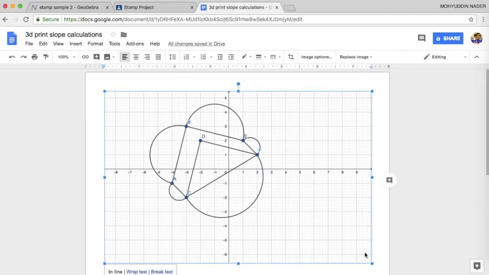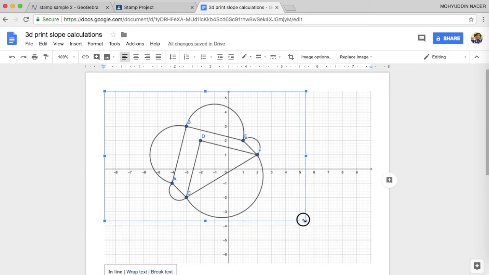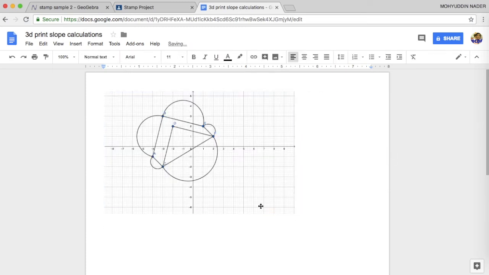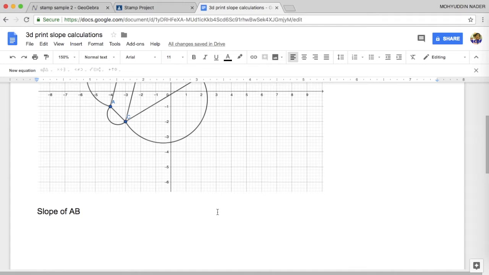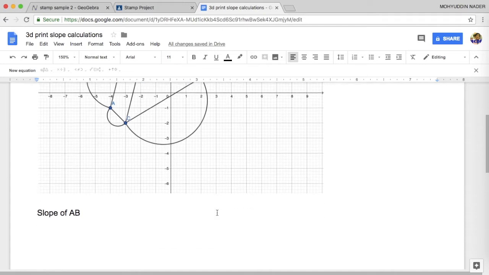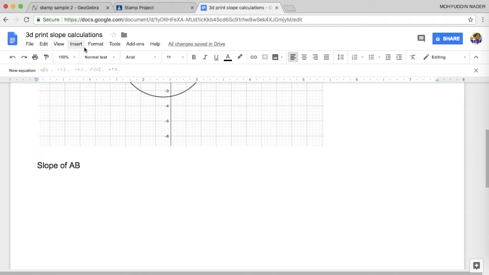So from your requirements, you need a couple of things, and they include the slope of a pair of parallels. So I'm going to say the slope of AB. To get the slope, I'm going to write an expression for the change in y over the change in x. The best way on the computer here is to use the equation editor.